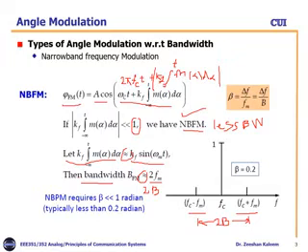The other condition: narrowband FM requires that beta should be less than 1 radian, typically less than 0.2 radian, but should be much less than 1. So usually they take 0.2 or a lesser value than 0.2 radian.